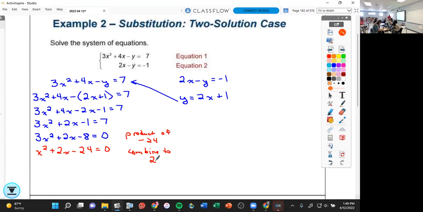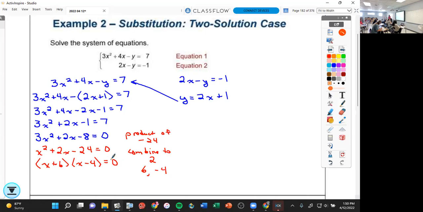Negative 6 times 4, or negative 4. Sorry, 6 and negative 4. Yeah, that's 2. So the two numbers I need are 6 and negative 4. 6 times negative 4 is negative 24. 6 plus negative 4 is positive 2, right? Which means my illegal equation factors into x plus 6 and x minus 4.